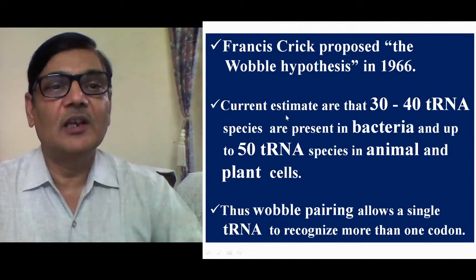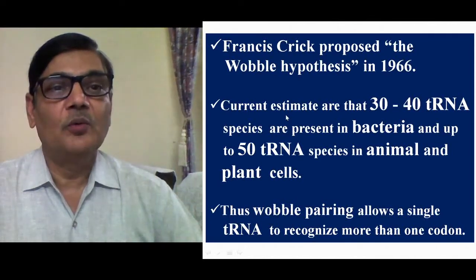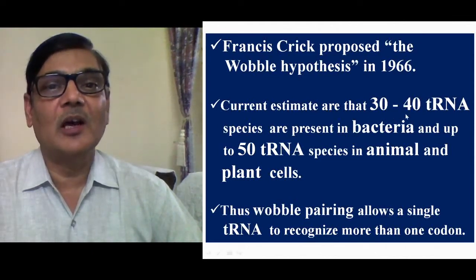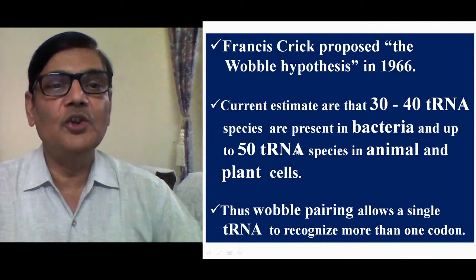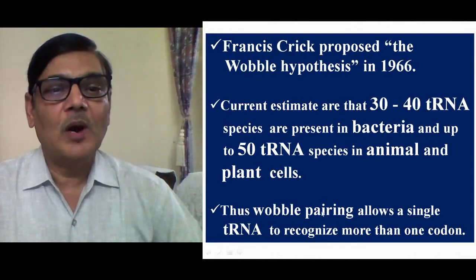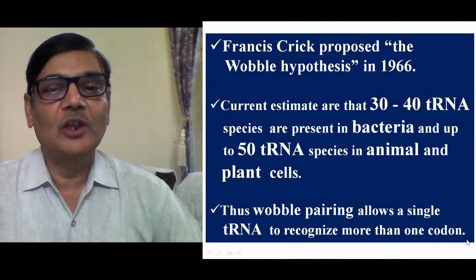So we know that there are 61 codons which actually encode for specific amino acids. But there are quite fewer types of transfer RNA in the case of bacteria as well as in eukaryotic systems like animals and plants. So it means Wobble pairing allows a single transfer RNA to recognize more than one codon.